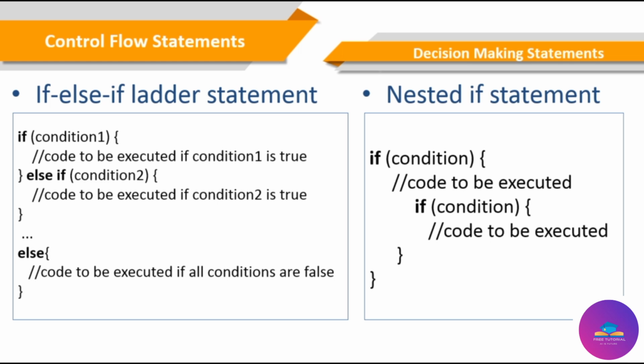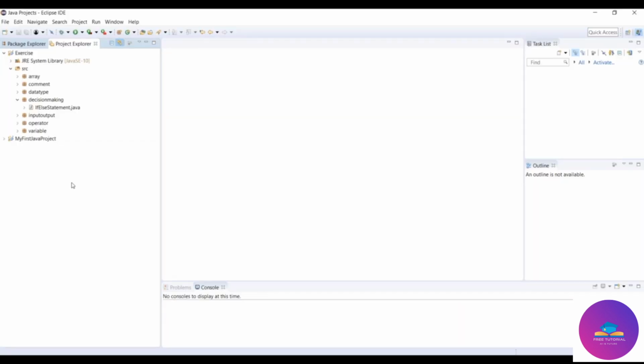So here, the inner if block condition executes only when the outer if block condition is true. All right, so let's stop talking and do some examples with the if ladder and nested if statements.